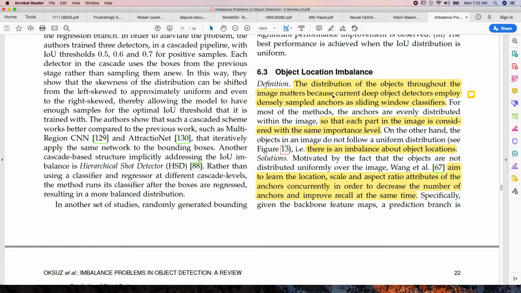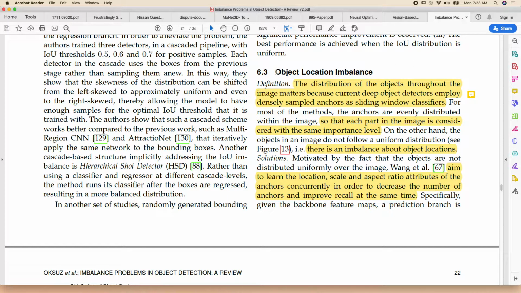But consider a situation where the insulator is now in the corners rather than in the center where the power lines are. That can affect the learning process too.